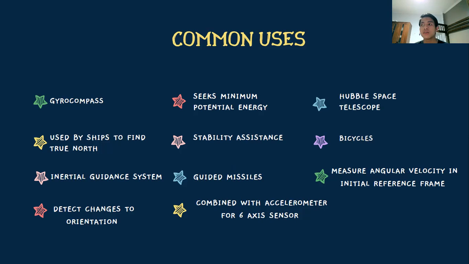Maybe vloggers or content creators usually use a camera that has its own stabilizer, and there is a gyroscope involved there. There are so many things, also missiles and many others.